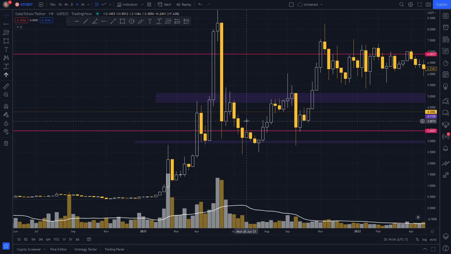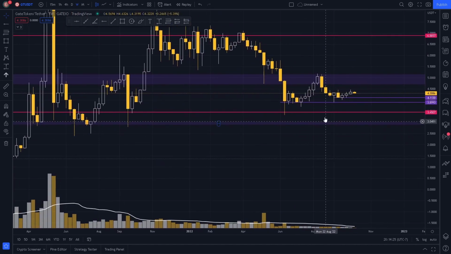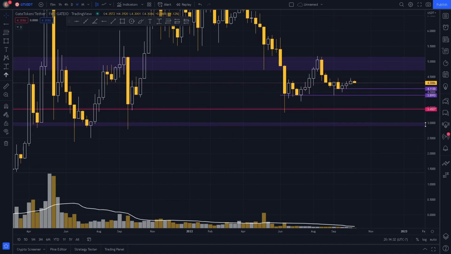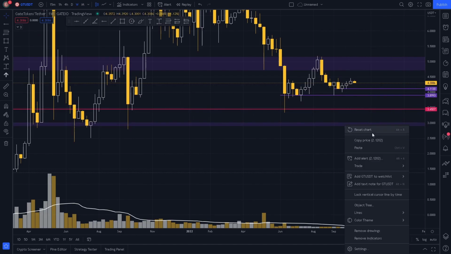As price came down, it found support at this same key level and a drastic move, on this bearish momentum candle, we've seen the long wick react at the same key level. So we have multiple reactions to this level. Now, if price were to fall from this level, there are multiple areas where we can expect a reaction from price. So let's zoom out again.